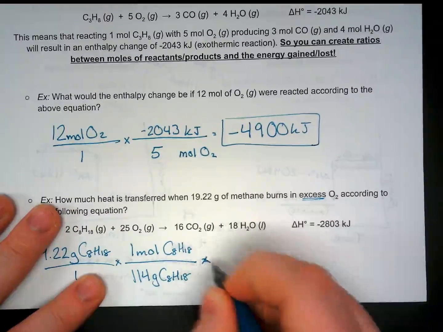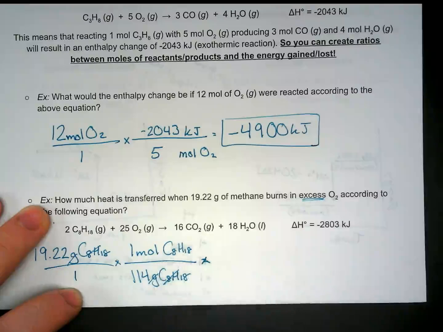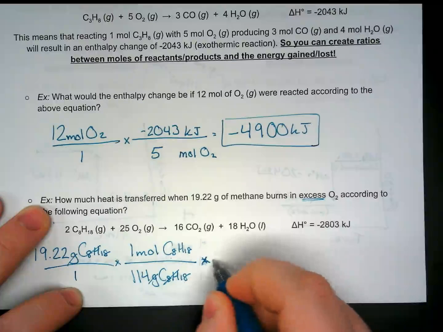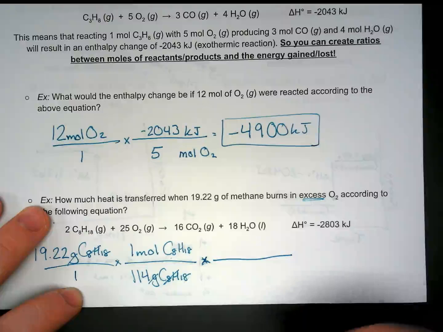So the grams of methane cancel out, we're left with moles of methane, and now we're going to multiply one more time. If we were to solve up to here, we would have moles of methane. So now we can go from moles of methane to kilojoules of the overall reaction.